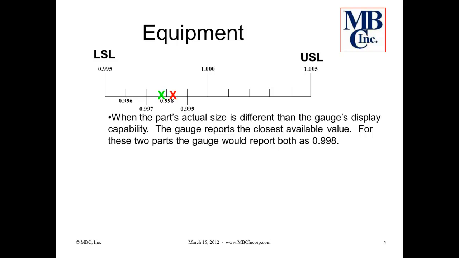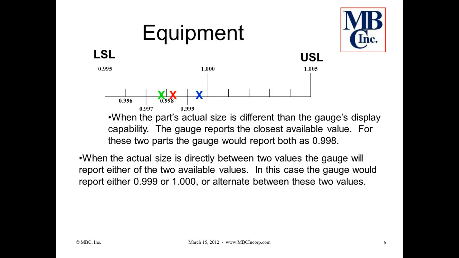For the two parts indicated by the green and the red X, both of which are actually a different size, and neither one is exactly 0.998 units, the gauge will report both of these as being 0.998. This is a design limitation of the gauge.